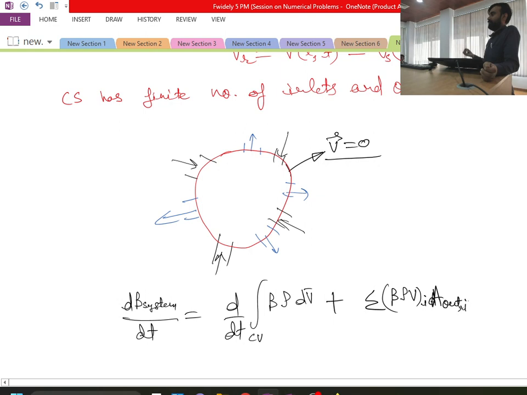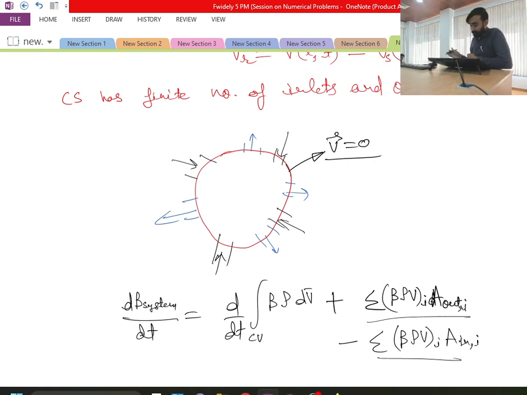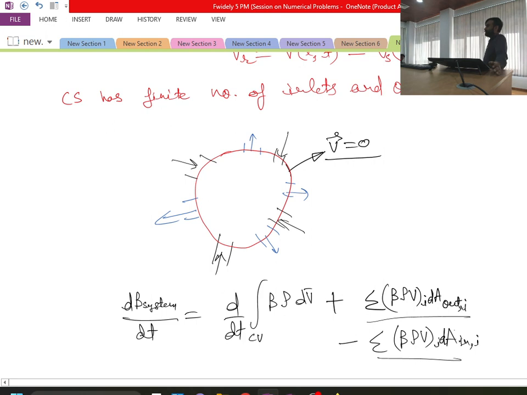So A out I. Minus summation of beta rho V I into A in I. So this is the portion for outflowing outlets and this is the portion for inflowing outlets. Sorry, I must use over here dA only at the moment: dA out I and dA in I.